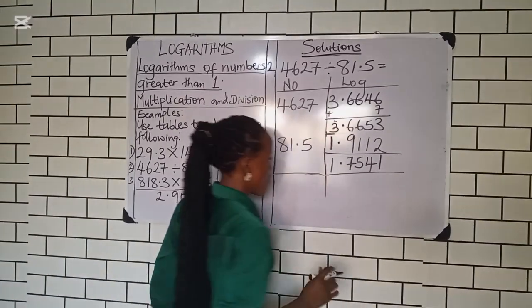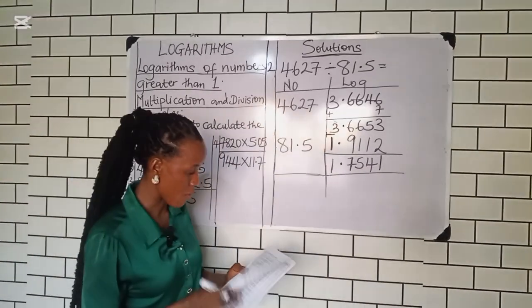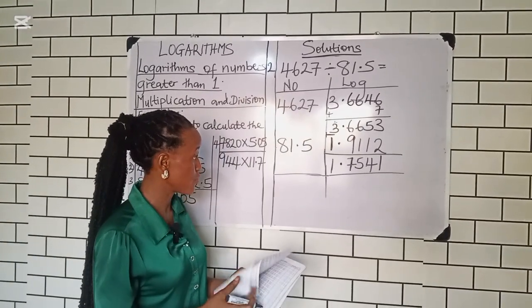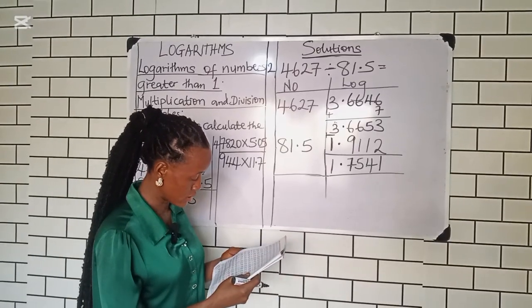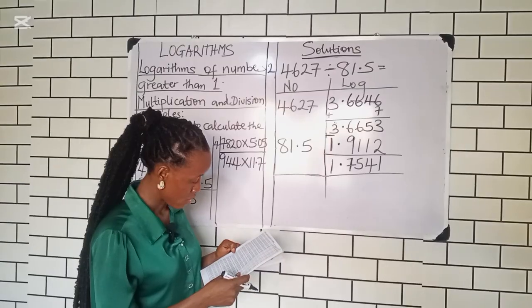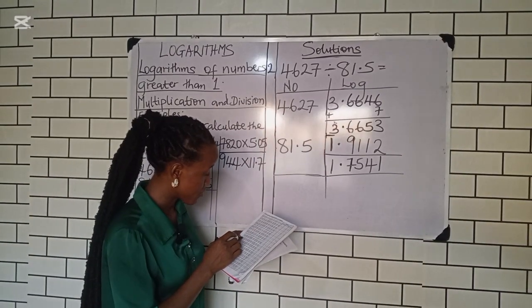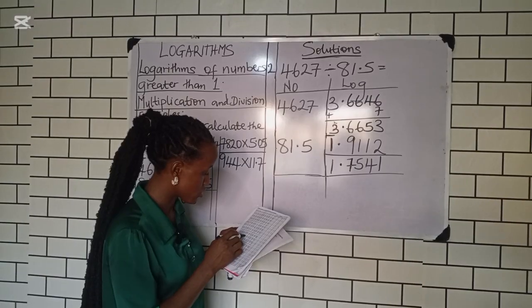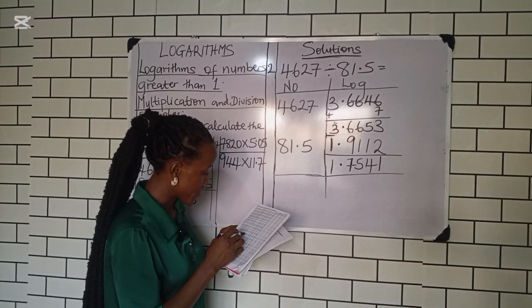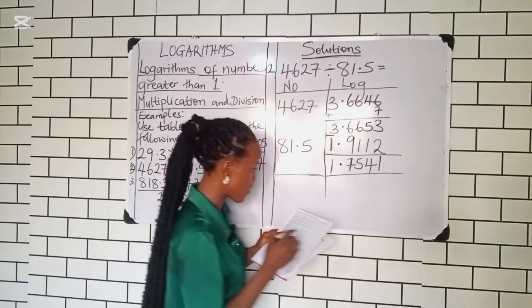Remember our method. We're going to look for this number in our antilogarithm table. 0.75 under 4, difference of 1. 0.75 under 4 will give us 5675.